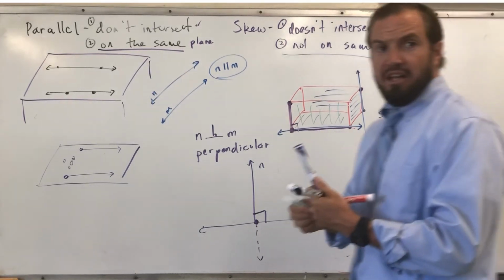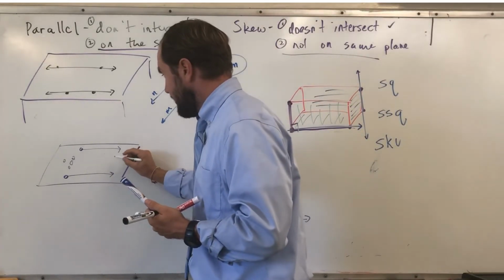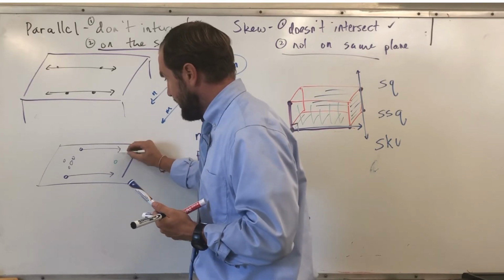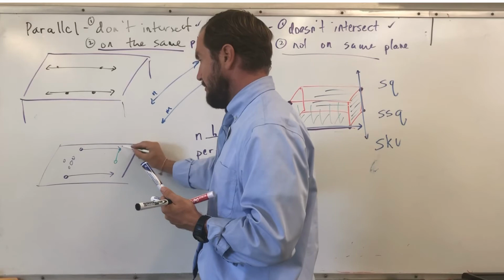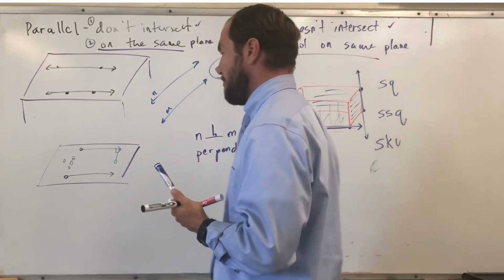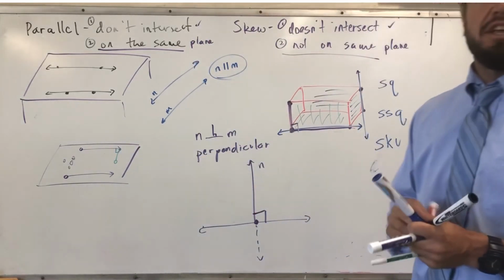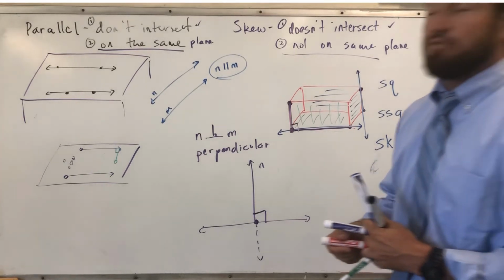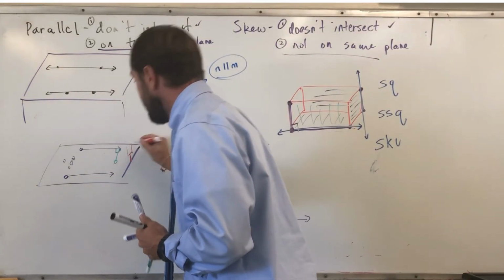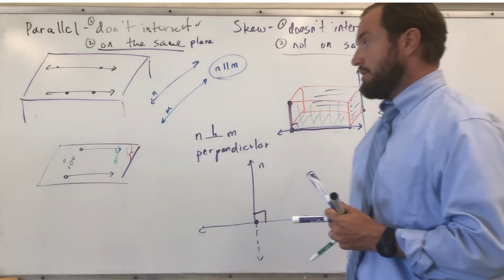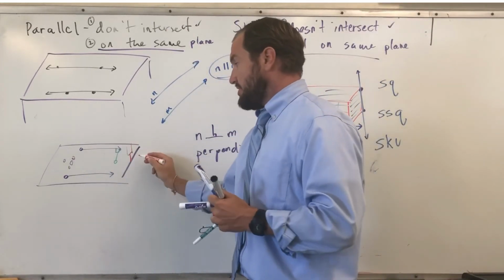It would be like on this football field here, the free safety goes over and meets the receiver directly across, and they meet at a perpendicular. Something skew to the receiver's route would be the field goal post. They don't intersect.